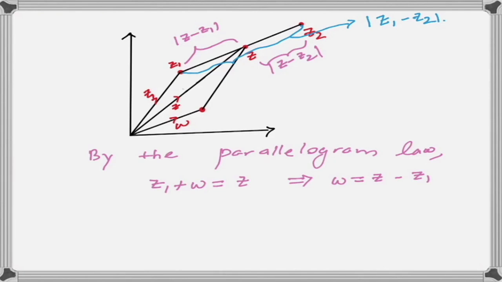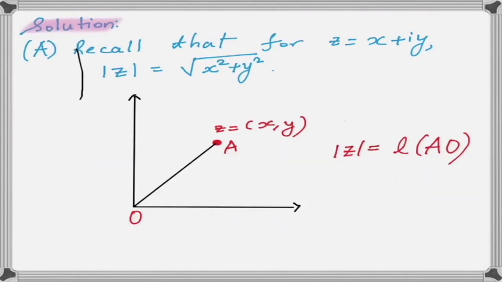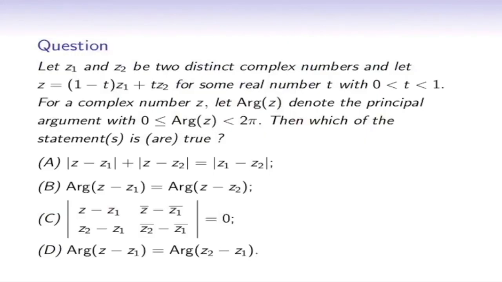Hence, it is clear that the absolute value of z minus z1 plus the absolute value of z minus z2 is equal to the absolute value of z1 minus z2. So, option A given to us is true. So, let us mark this option.